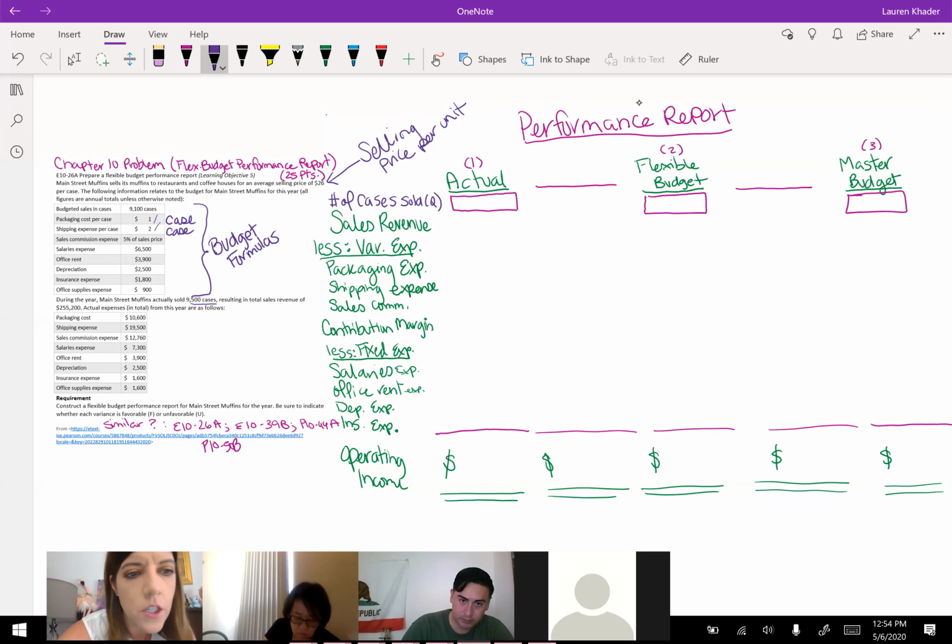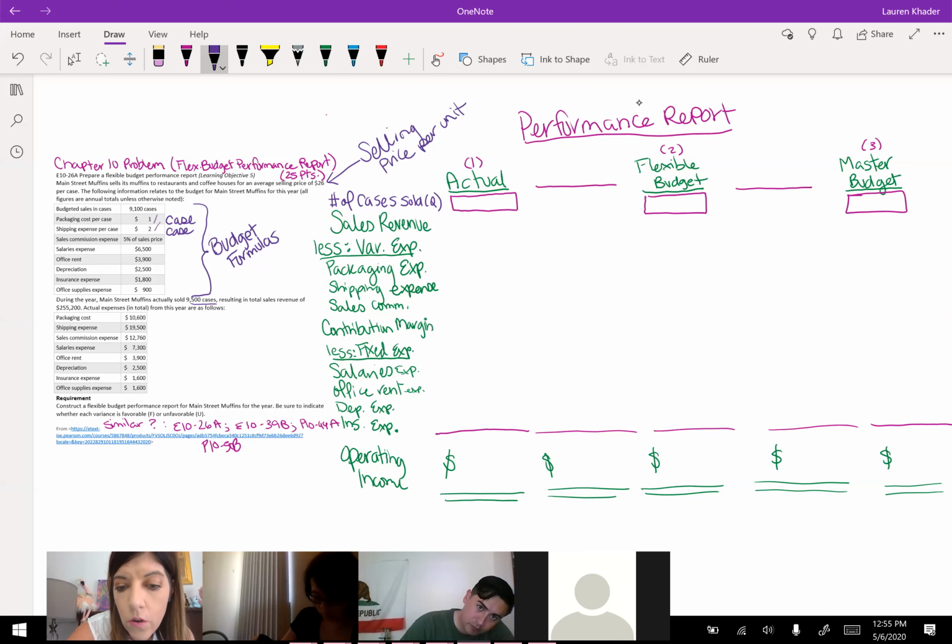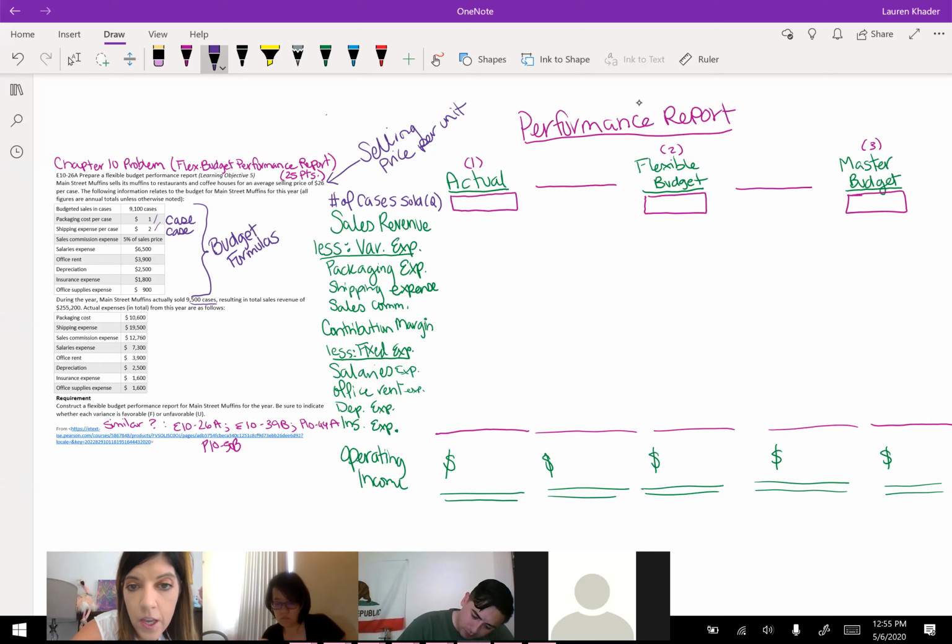First thing that you need to do is plug in the information that we know into our performance report. So we have 3 different columns with data and then 2 columns that we're going to have our variances in. The column that's the furthest to the left, column 1, is our actual information.